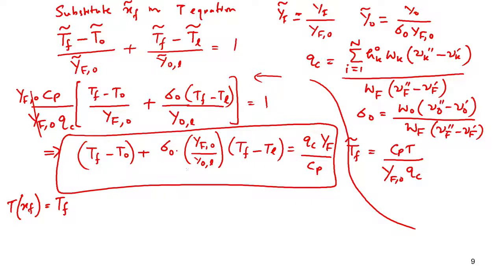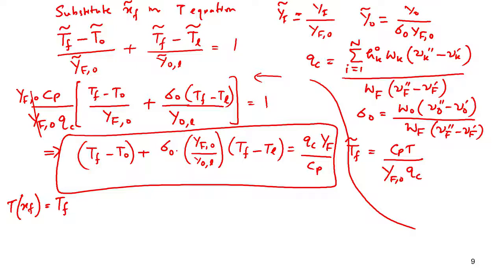That is, the temperature at xf is given by (Tf minus T0) plus sigma 0 times yf0 divided by y0L times (Tf minus TL) plus QC YF by Cp. All right.